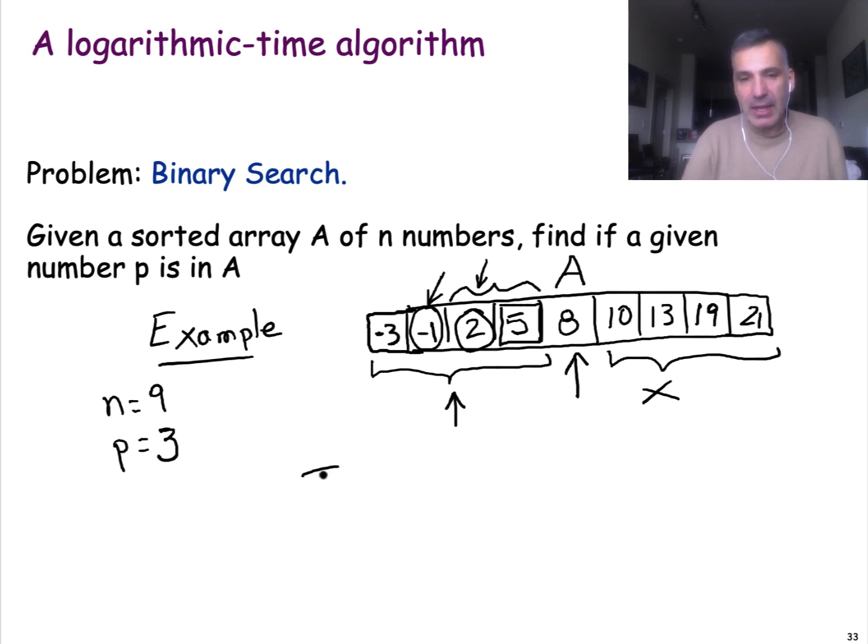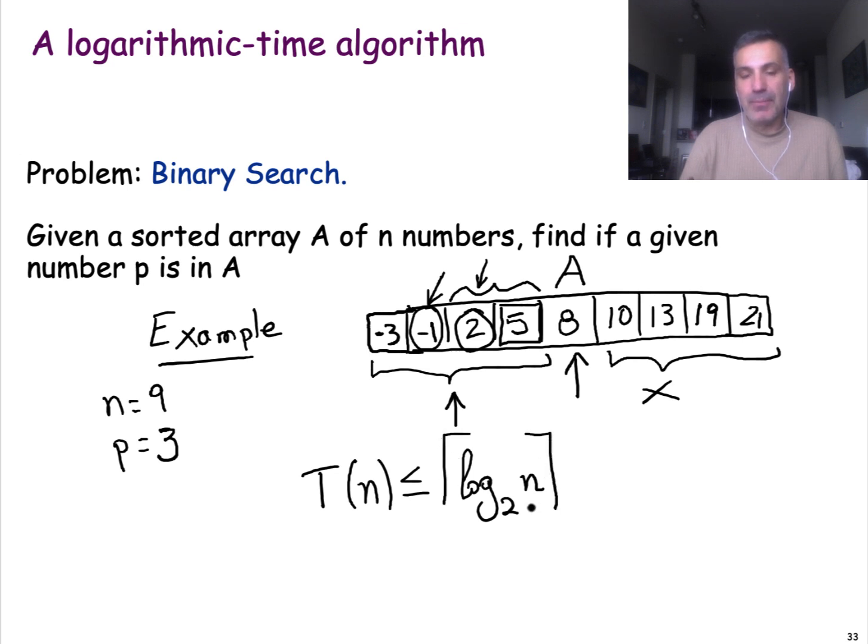How long does this take? Again, we're thinking in terms of upper bounds here. So we have a number of iterations, right? In every iteration, we're throwing away half of the remaining inputs. So totally, the number of iterations will be upper bounded by the ceiling of the logarithm base 2 of the input size n, of course times a constant.